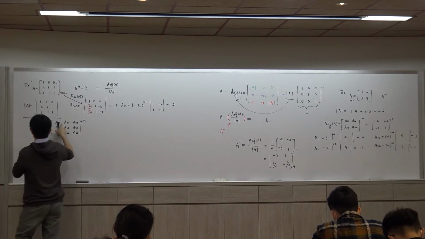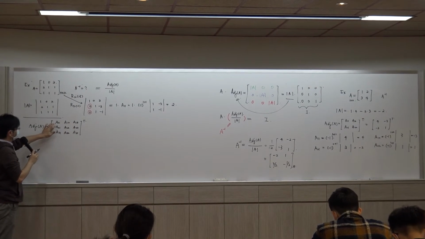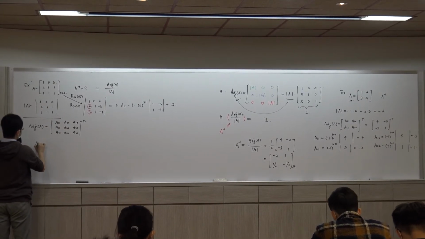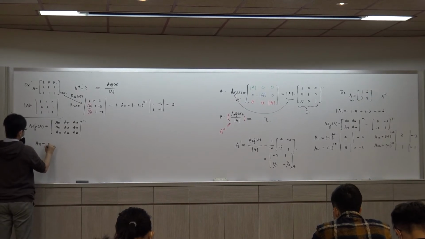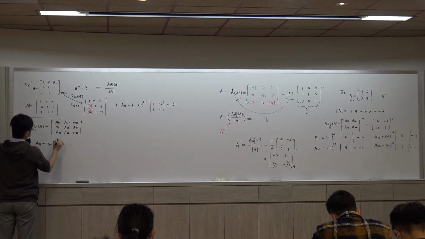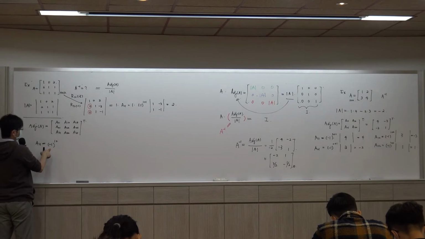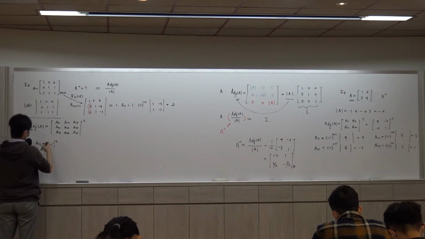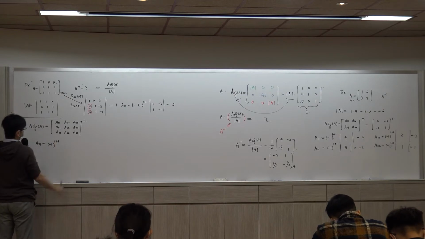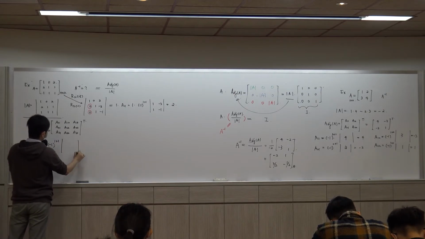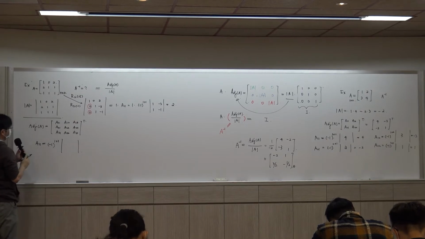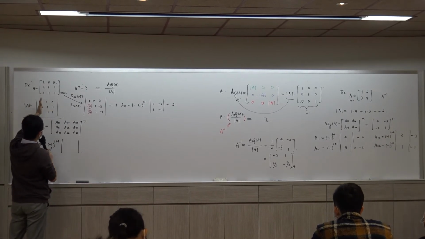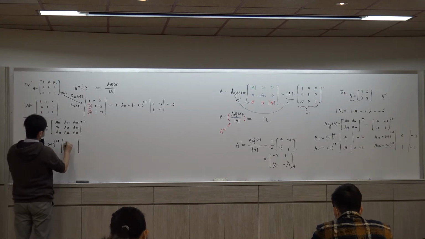So we just need to derive the 9 cofactors. So A11 equals the calibration term with the exponent row number plus column number, and the determinant, we need to remove the first row and the first column.